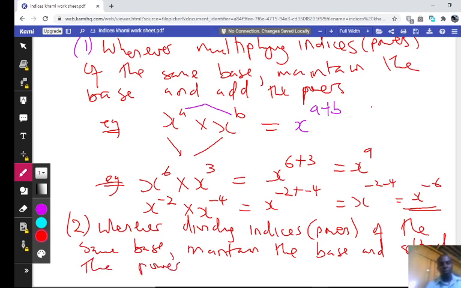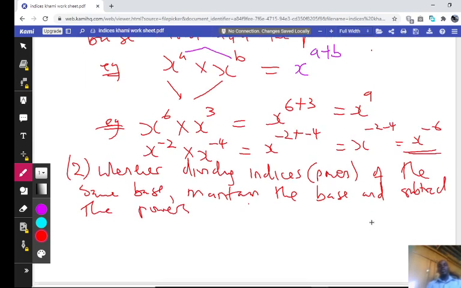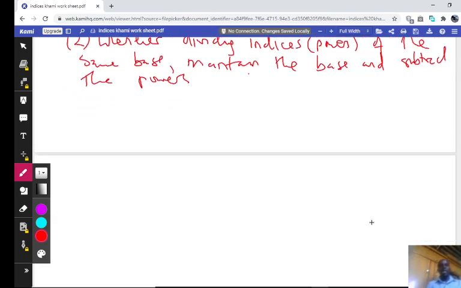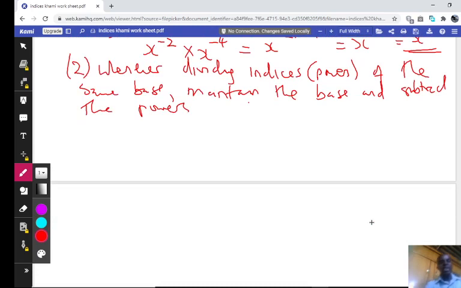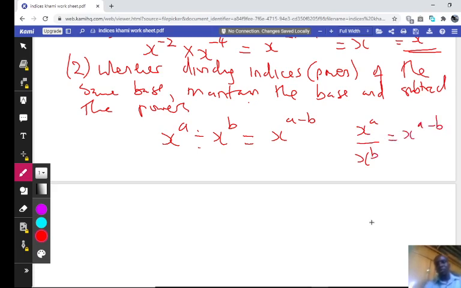So whenever dividing indices of the same base, you maintain the base and subtract the powers. x to the power a divided by x to the power b is equal to x to the power a minus b. This is the same as saying x to the power a over x to the power b is the same as x to the power a minus b.